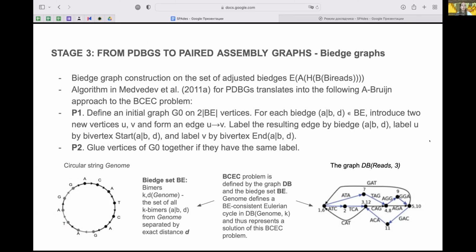So we have a circular string genome. We have a BH set B. It is the set of all K-bimers from the genome separated by exact distance D, and we have the graph DB, and the BH-consistent LRN cycle problem is defined by the graph DB and the BH set B. Our genome, our string genome, defines a B-consistent LRN cycle in DB, and thus represents a solution of this problem.